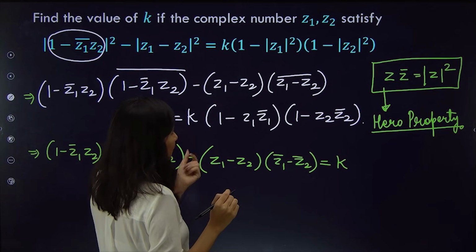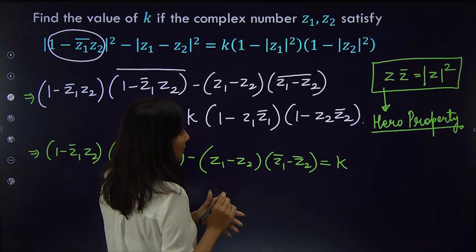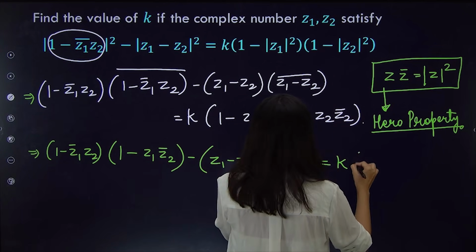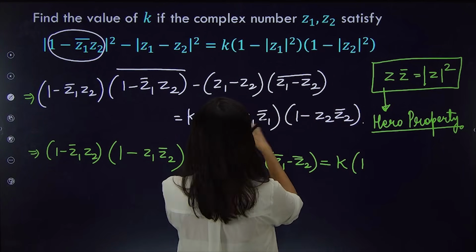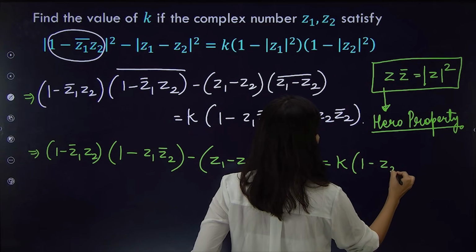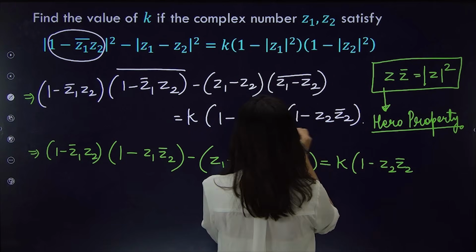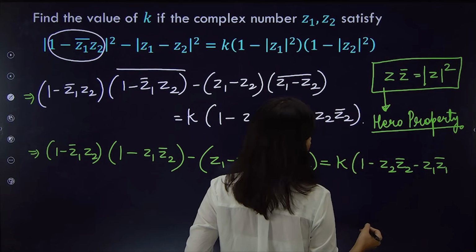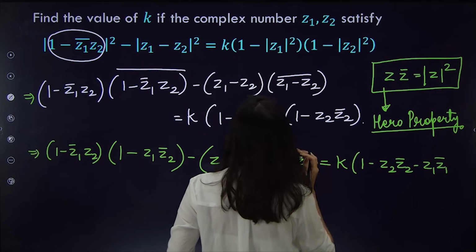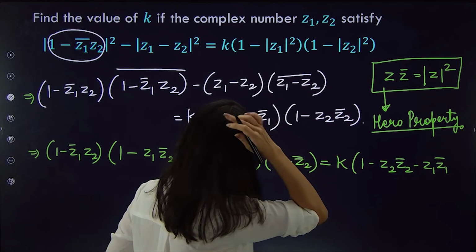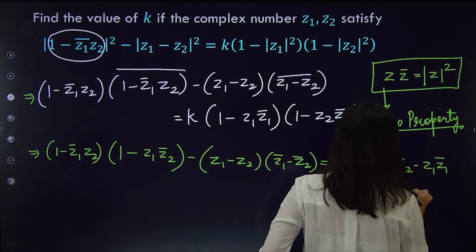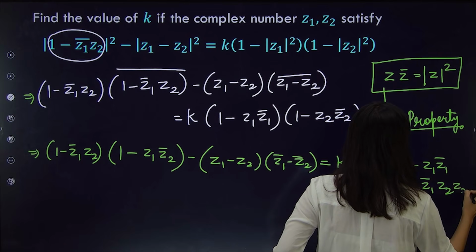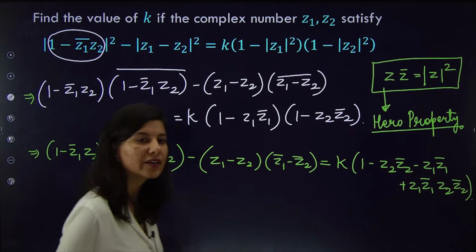So now let's multiply. 1 minus z2 z2 bar minus z1 z1 bar, and then plus z1 z1 bar z2 z2 bar. Perfect.